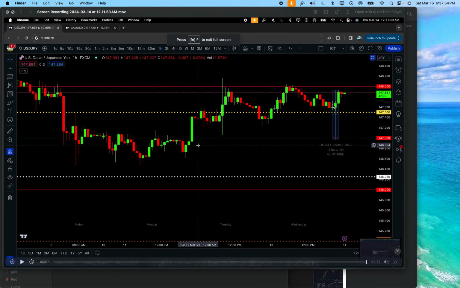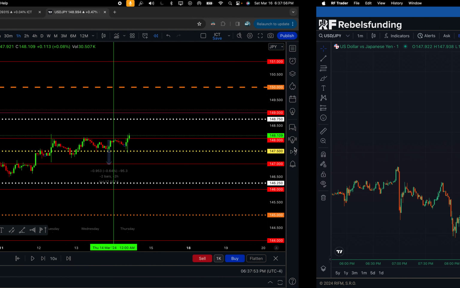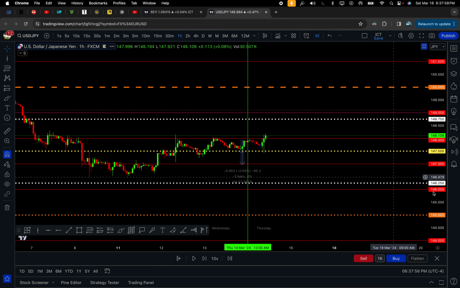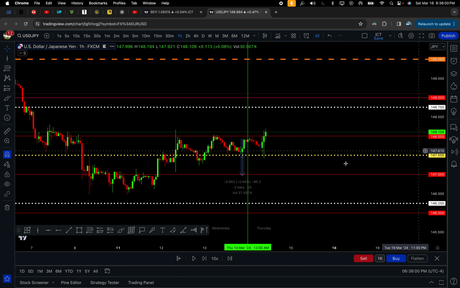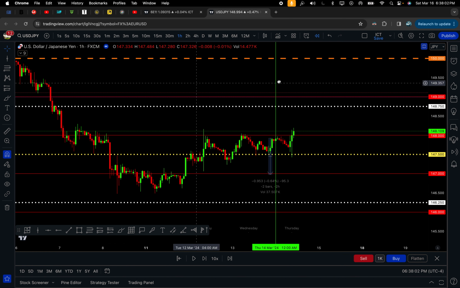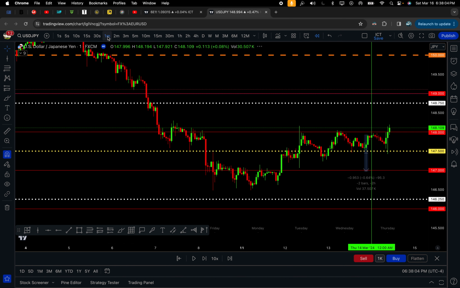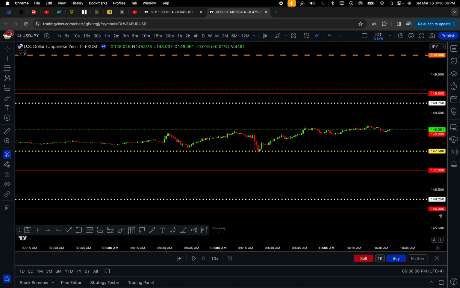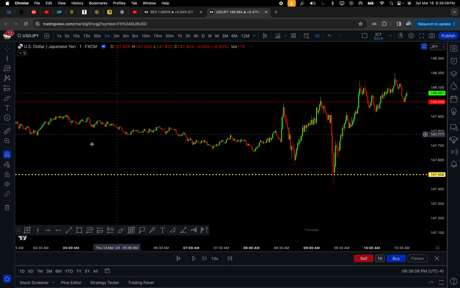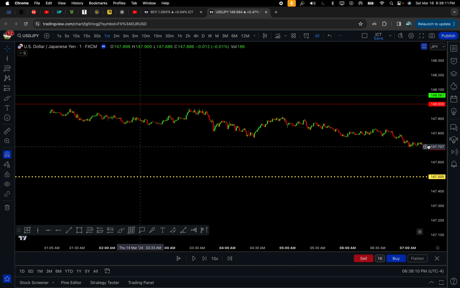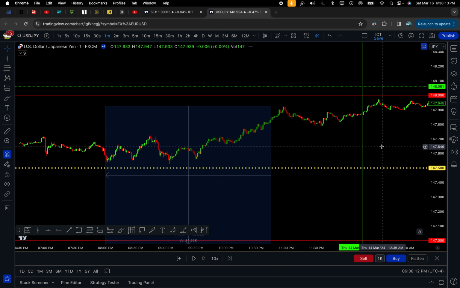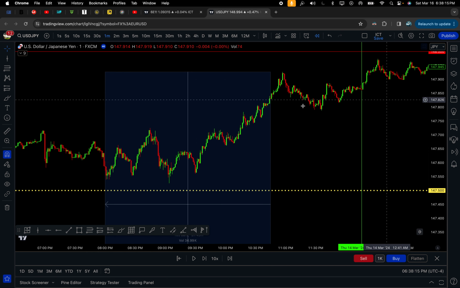So you can see it's the same thing I was looking at here. But the only thing is, I want to zoom in here and go back to the entry point, which was right around here.